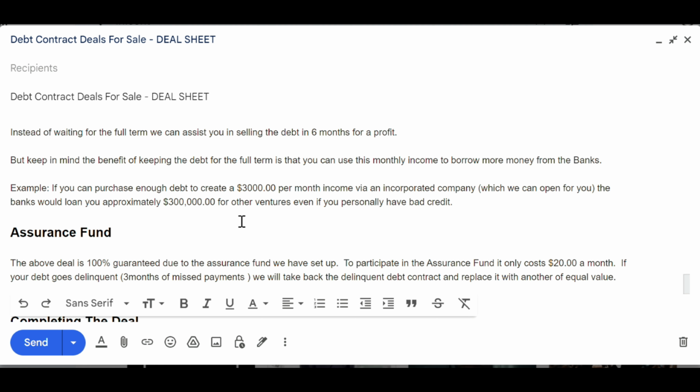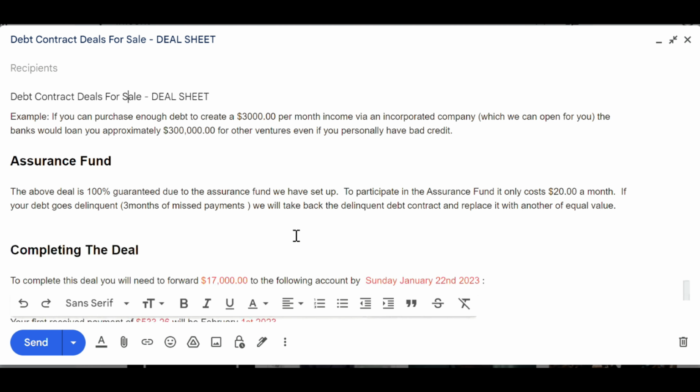You can leverage on it. So sometimes you're making $3,000 a month from these payments coming into your company, and the bank is willing to lend you $300,000 on it in some ways. And then of course you can take that 300 grand and go make more money with it, right?